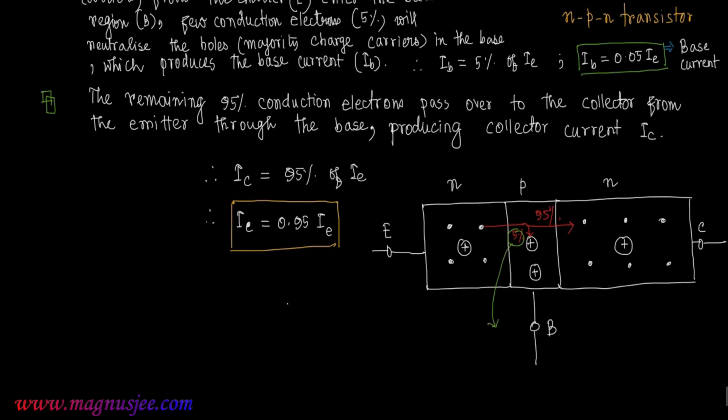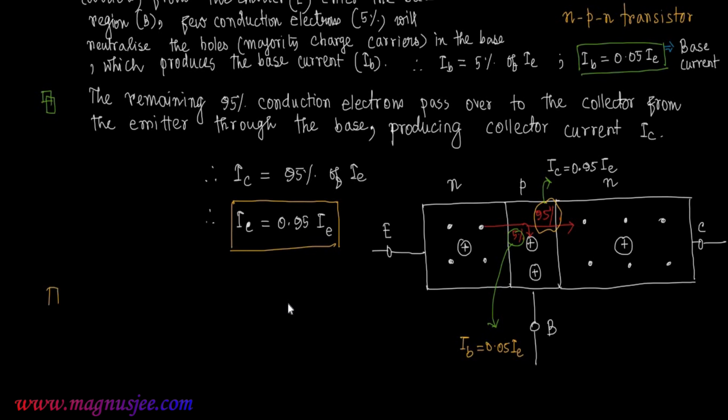As 5% of conduction electrons neutralize the holes in the P-type base, base current IB will be 0.05 times the emitter current IE. As 95% of conduction electrons enter the collector, collector current is 0.95 times the emitter current.